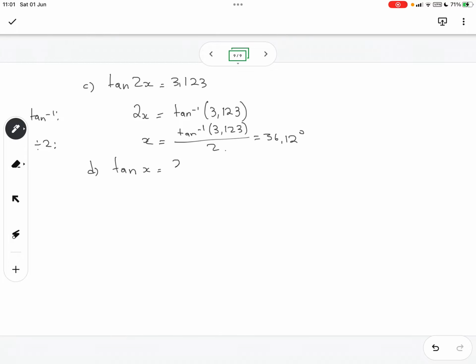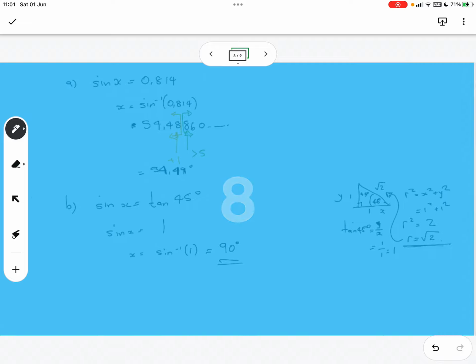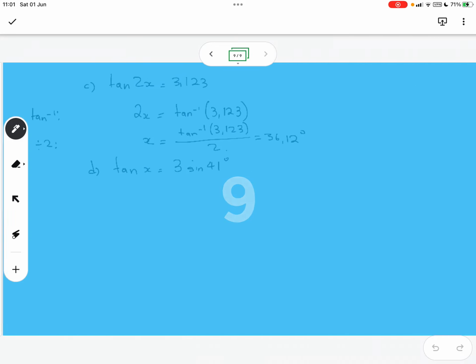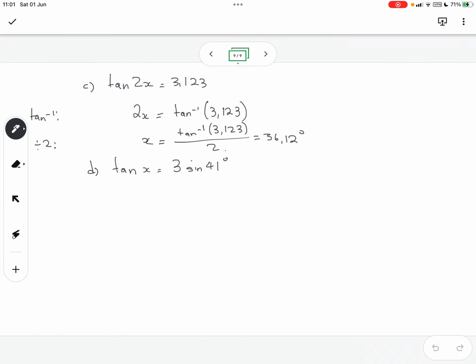Then we have tan of x equals 3 sine of 41 degrees. Have I been putting angles in the other ones? Yes, I have. Then here, we can first calculate what sine 41 is, multiply it by 3, and then do the arctan of it. But I prefer to use my math to solve for the unknown without evaluating first.